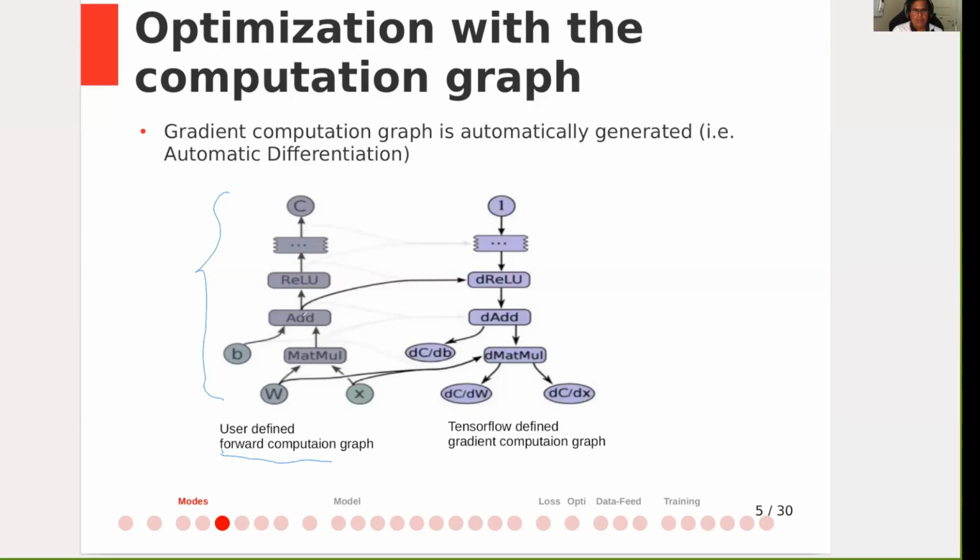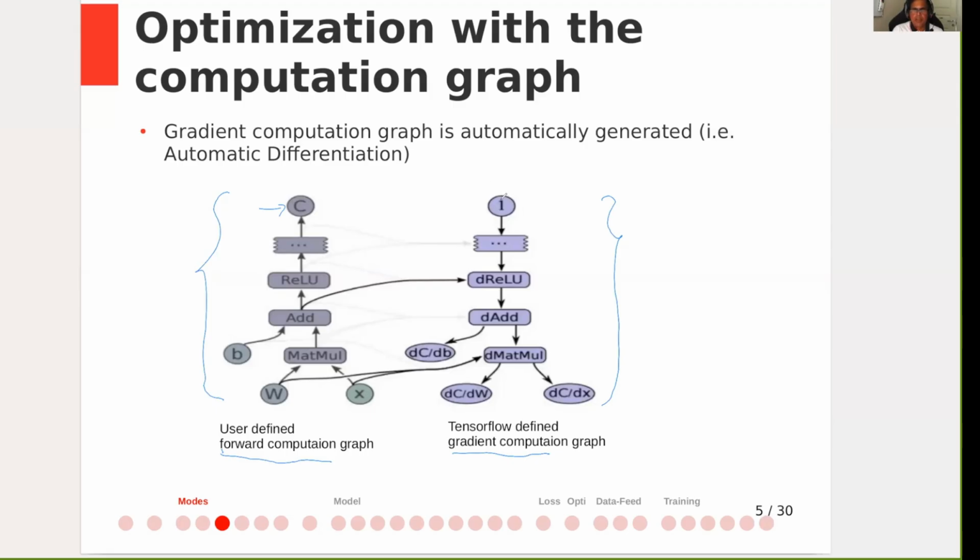So the matmul, add, ReLU, and loss function calculates the loss here. TensorFlow computes the backward graph, or the gradient computation graph, automatically, and this is the graph created by TensorFlow.